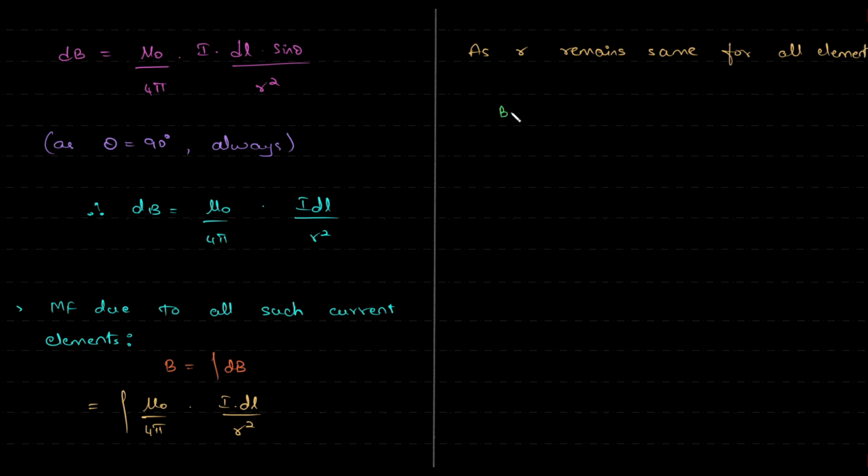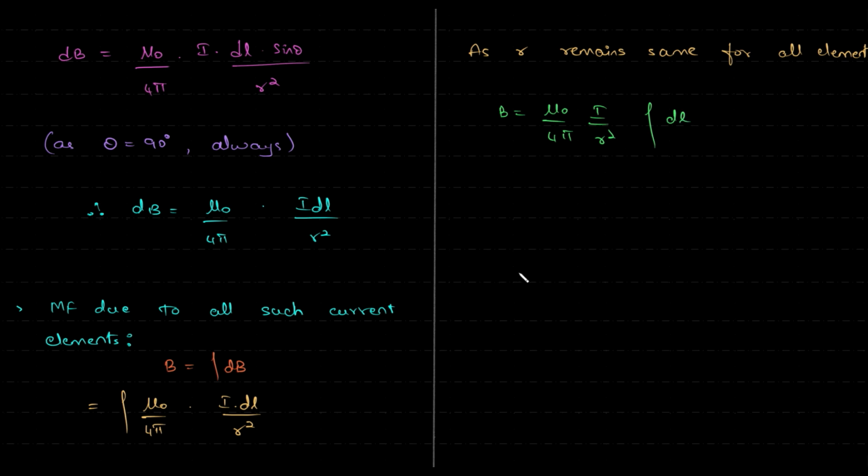We have B is equal to mu naught by 4 pi, I by R squared will go out of the integration, and you just are integrating dl.